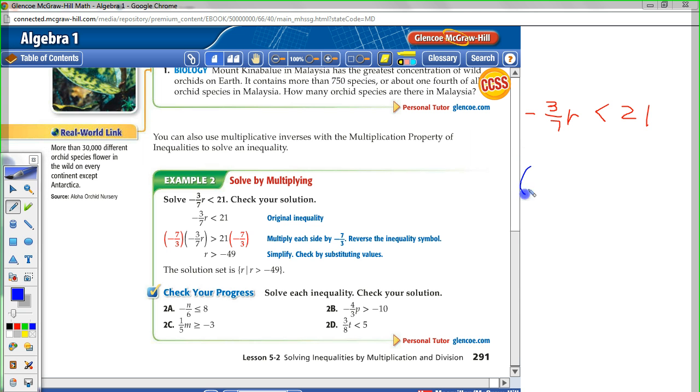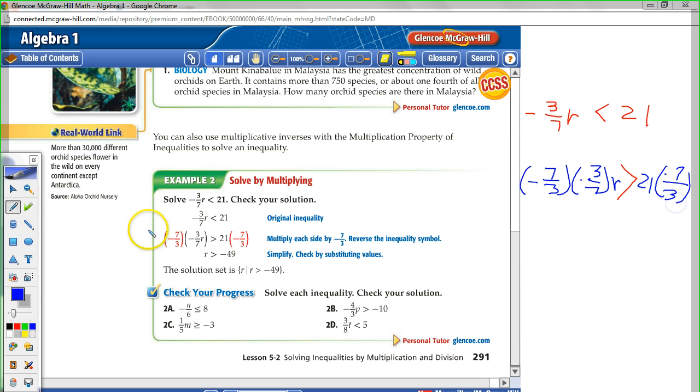So you're going to multiply by negative 7 over 3 to get rid of the negative sign and to also get rid of the 3 over 7. R is less than, now you're actually going to multiply by a negative, so this sign is going to be reversed to a greater than sign. So I'm going to just flip that right now, and you have still on the right side 21 times negative 7 over 3.